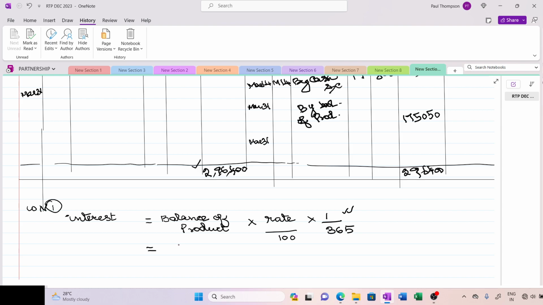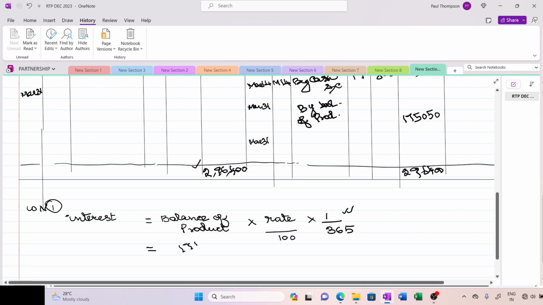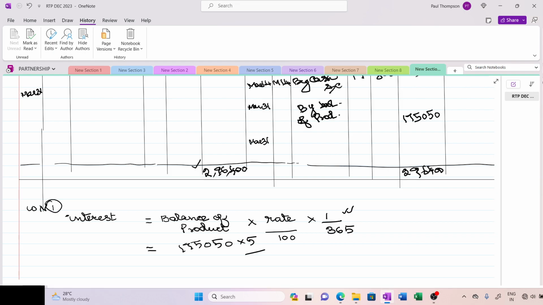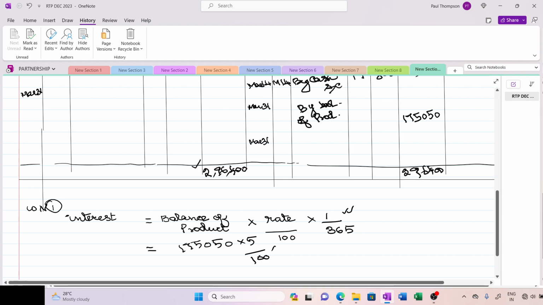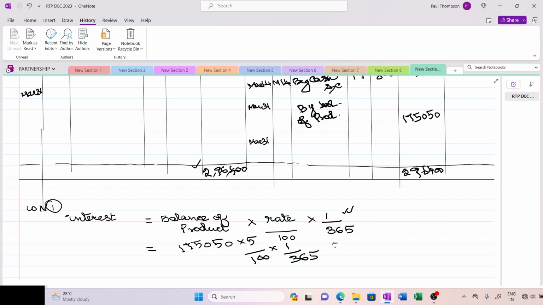So now this is 1,75,050. Just replace it. And rate is 5 divided by 100 into 1 by 365. You can make a round of the figure.